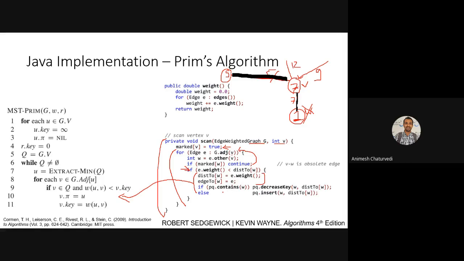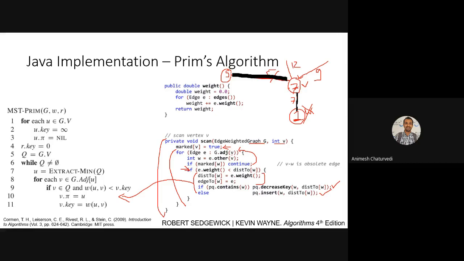If it does not belong to that, meaning PQ actually contains that W, then because it was creating a cycle, the priority was reduced, decreased. Otherwise, if it is not creating a cycle, then this distance was added and that W was inserted into the tree.